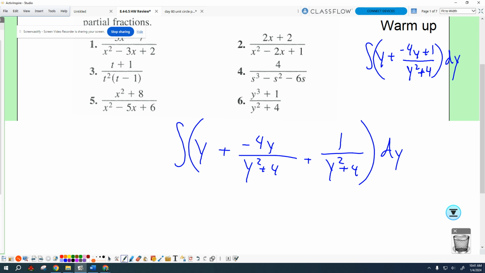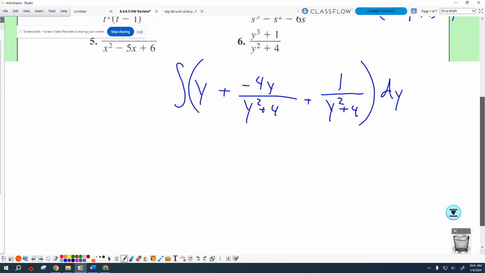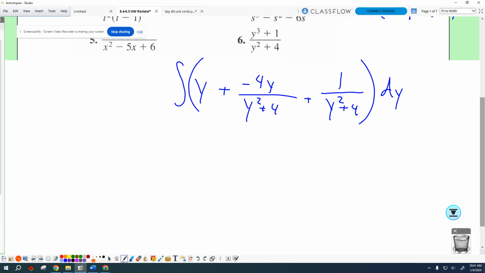It's both of them, but you need to pull it apart first. So for the middle part, for this one, we're going to do what Gabriel was doing. He said pull that 4 out.